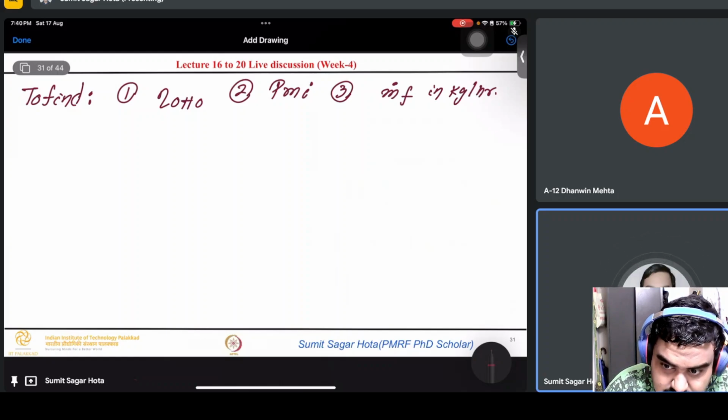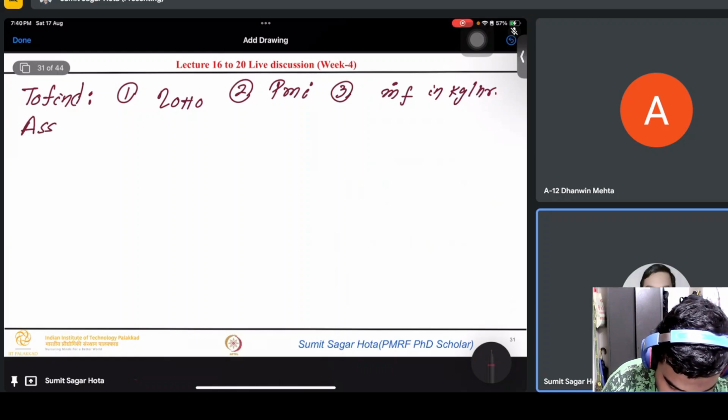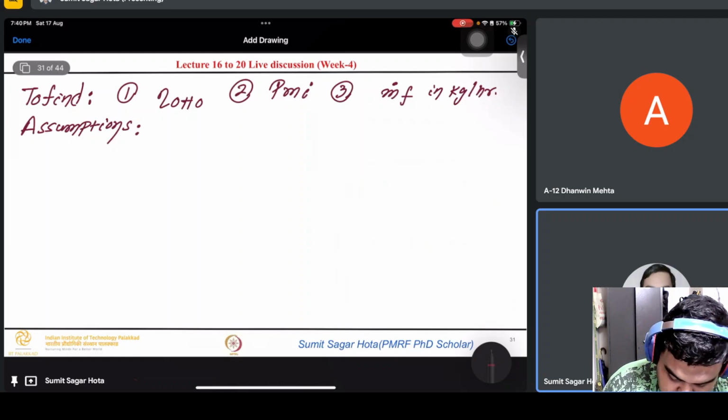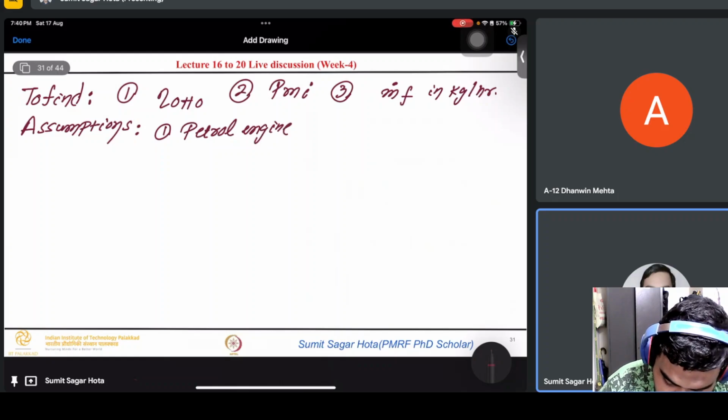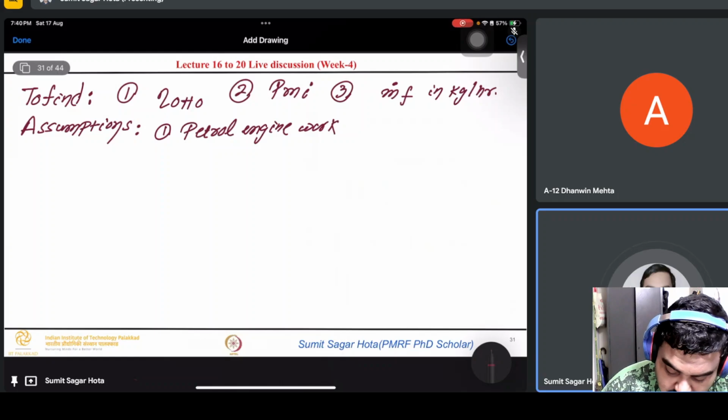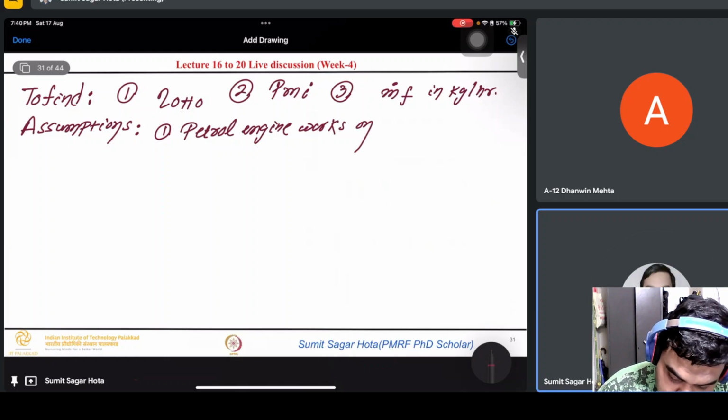Next, what are the assumptions we can take? We are assuming the petrol engine works on the air standard Otto cycle, because in practice it's not possible, as there are some losses involved.